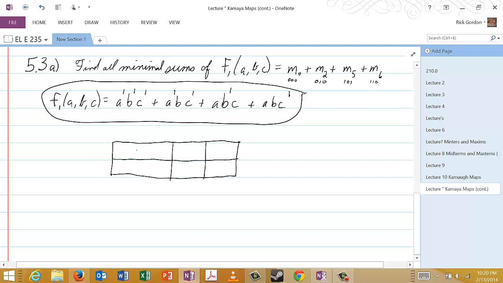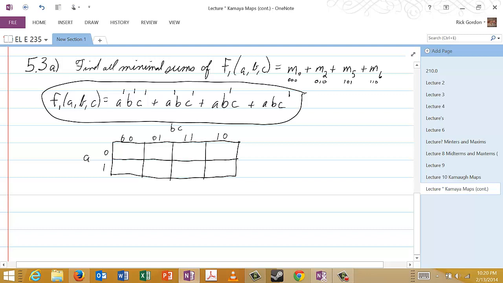So we go ahead and prepare the Karnaugh map, and we'll put A on the vertical axis and B and C on the horizontal axis, and as before, we'll remember the correct way to number the different cells.